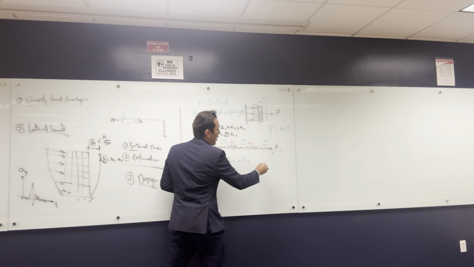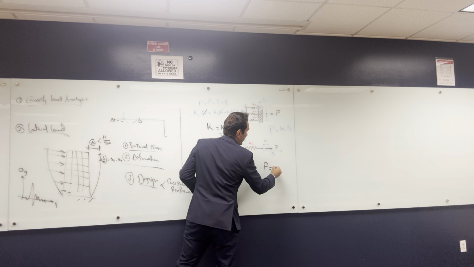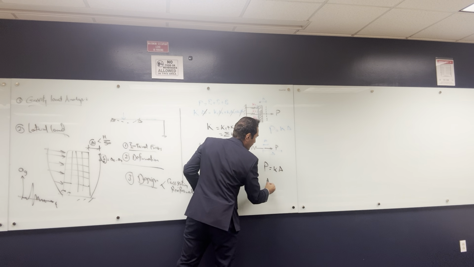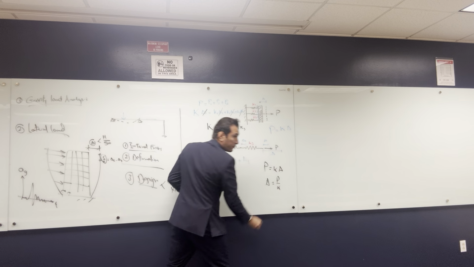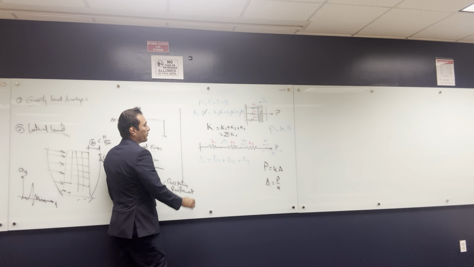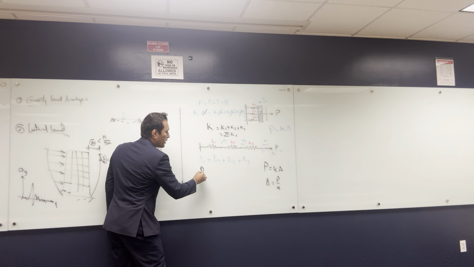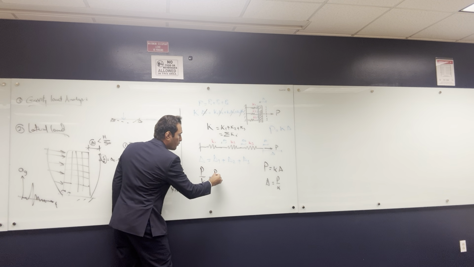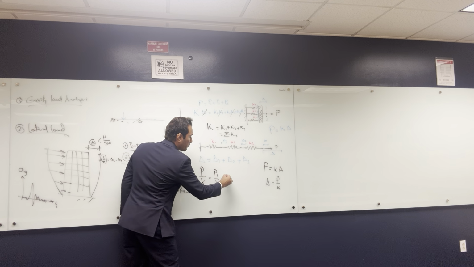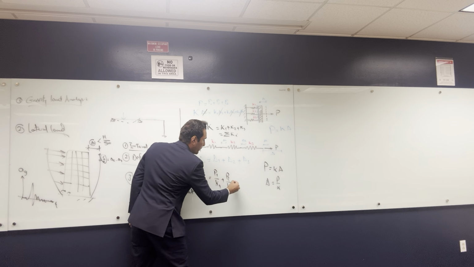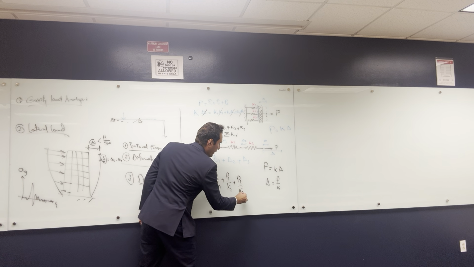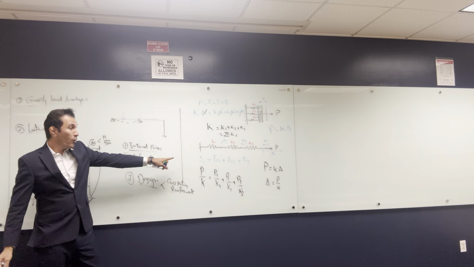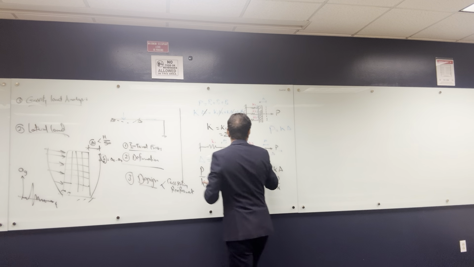Same thing. If you have that P is equal to K multiplied by delta, that means that delta is equal to P over K, right? Let's do the same thing here. So P over K is going to be equal to P1 over K1 plus P2 over K2 plus P3 over K3, right? And we know here that all the P is the same, right?